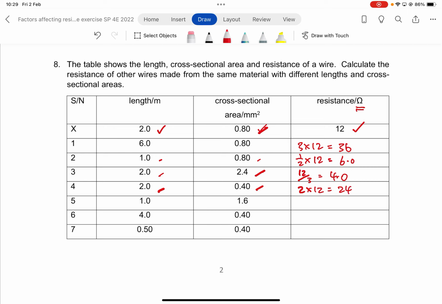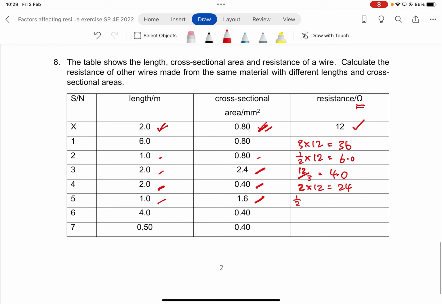Okay, are you all following? Next. Length is halved, from 2 meters to 1 meter. Then from 0.8 to 1.6, the area is doubled. So you halve the length, that means you halve the resistance. Then you double the area, so 1 over 2 is half. So it's half times half. Do you all know what I'm doing?